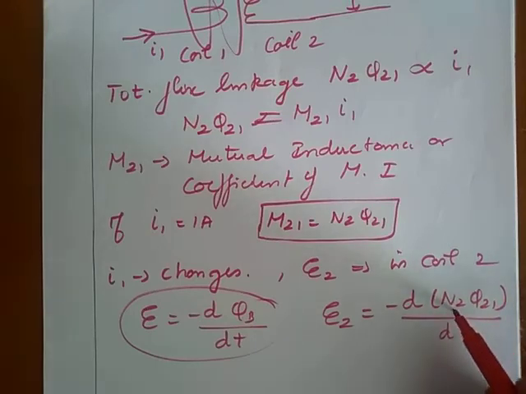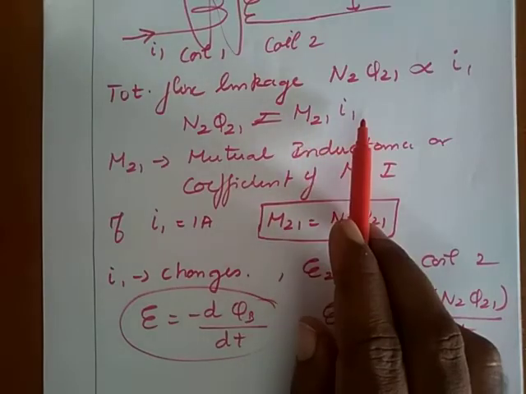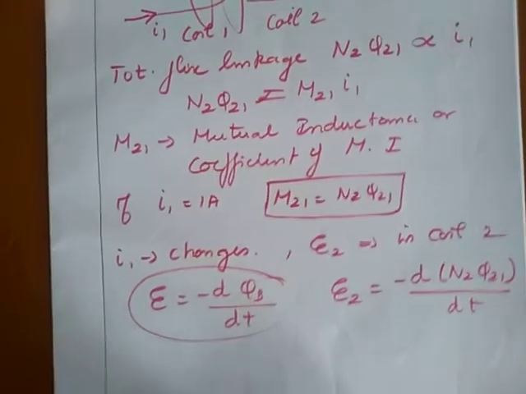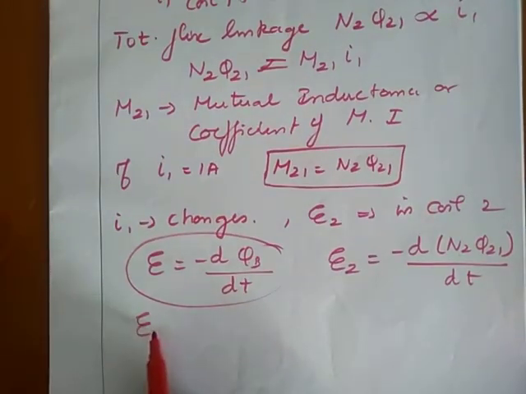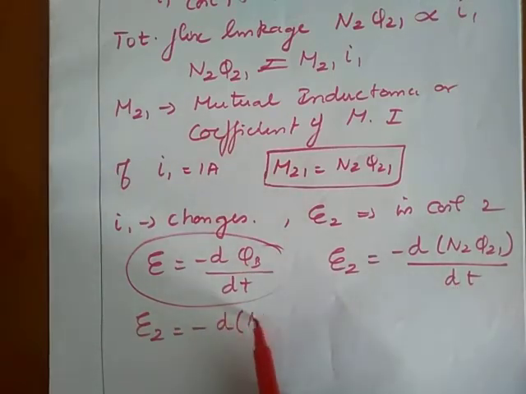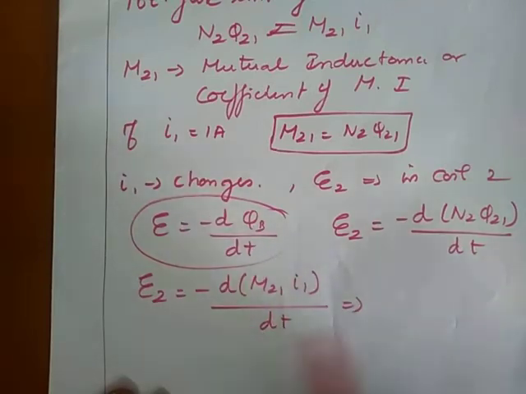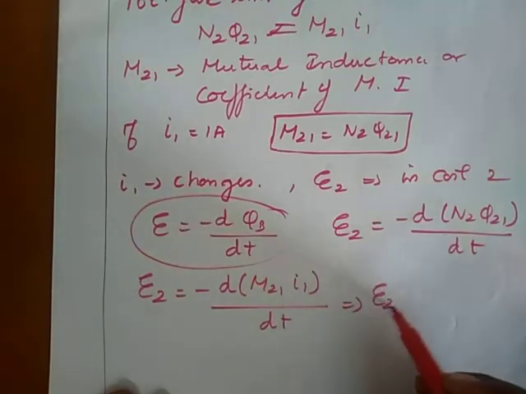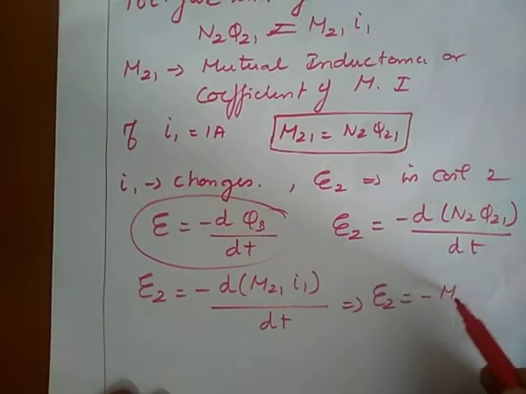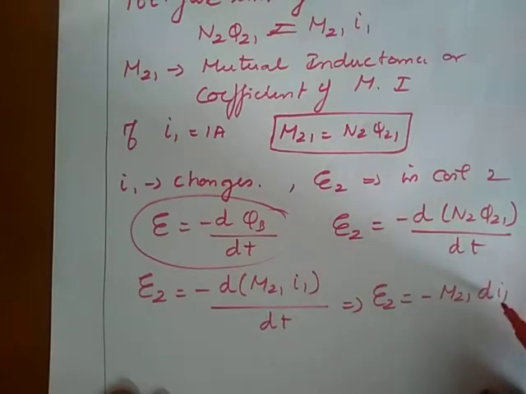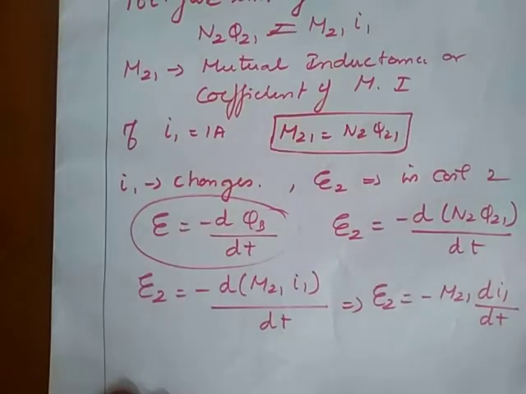We know N2 phi 21 is nothing but M21 I1. After substituting, psi 2 is equal to minus d of M21 I1 by dt. Here M21 is a constant, so taking it out of the derivative, we get psi 2 is equal to minus M21 dI1 by dt.